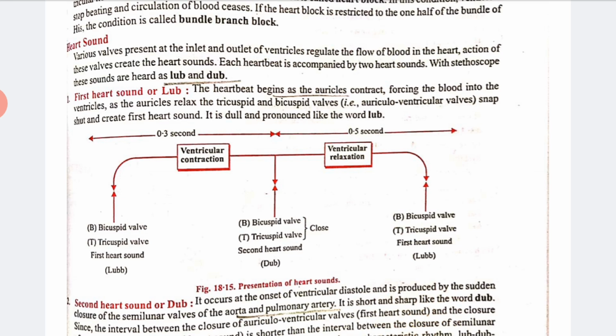The first heart sound, lub, occurs when the auricular contraction forces the blood into the ventricle, so the sound is dull, pronounced like lub.